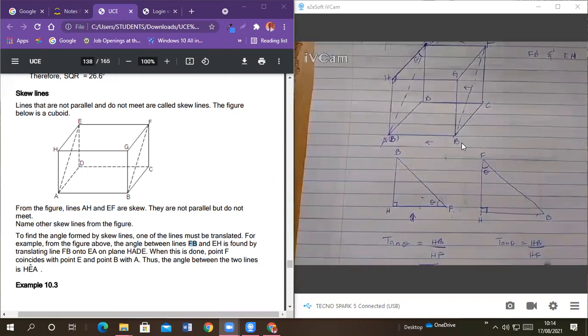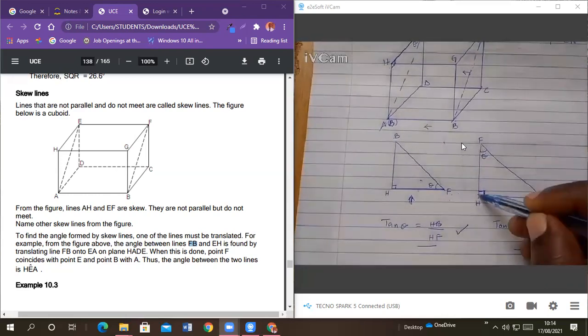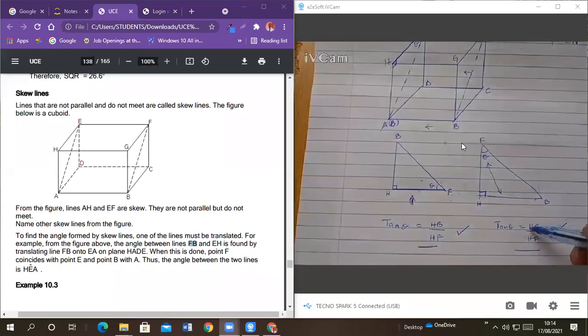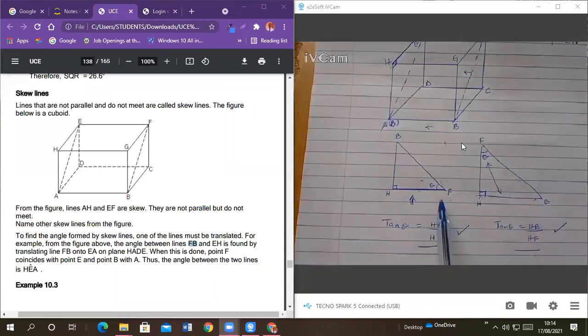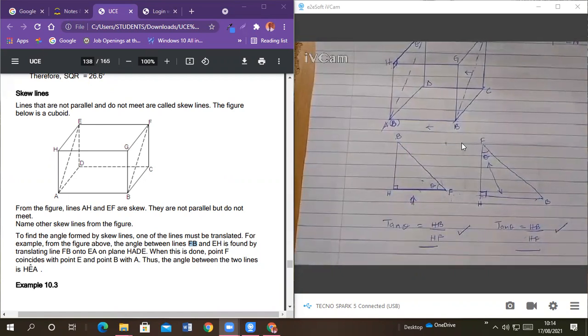So in both, you get the same value. Are we together? The opposite side is HB and the adjacent side is HF, and for this one too, the opposite side is HB and the adjacent side is HF. So in both cases, we get the same answer.